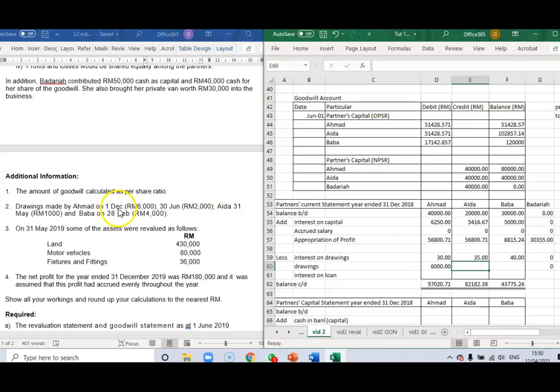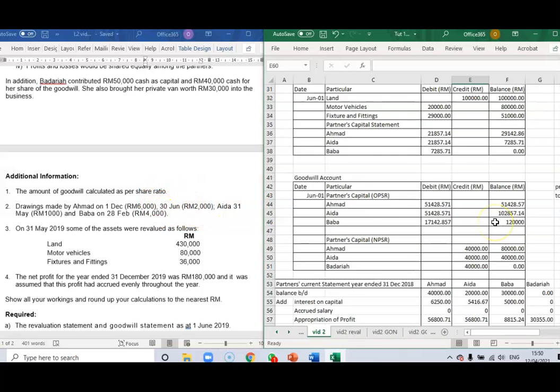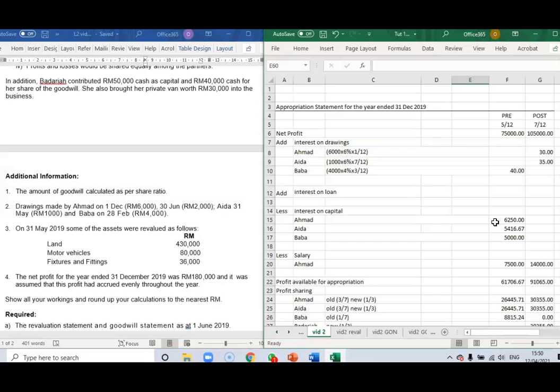One, the 1st December, and also 30th June. I forgot this one. Okay. 30th June means that it starts from July. So in the post, at the post. So 1st December and 30th June. So you need to add another one.